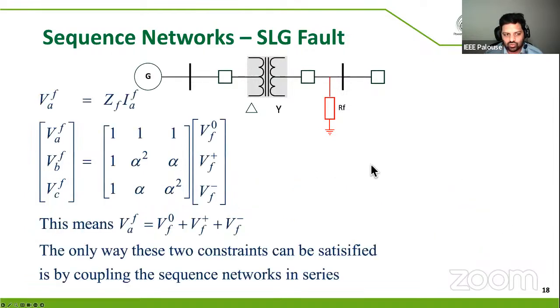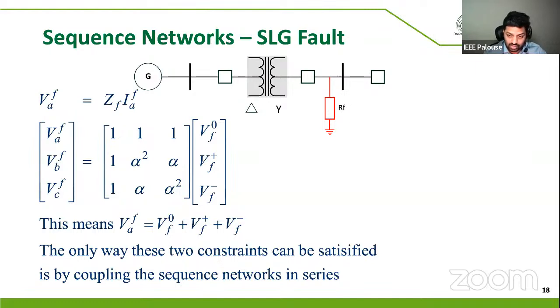And let's look at the voltage condition in case of exactly the same single line to ground fault. If you have a fault resistance, you will have a voltage at the fault location as shown in the figure. If you don't have any fault resistance, the voltage will always be zero because the line is touching the ground.